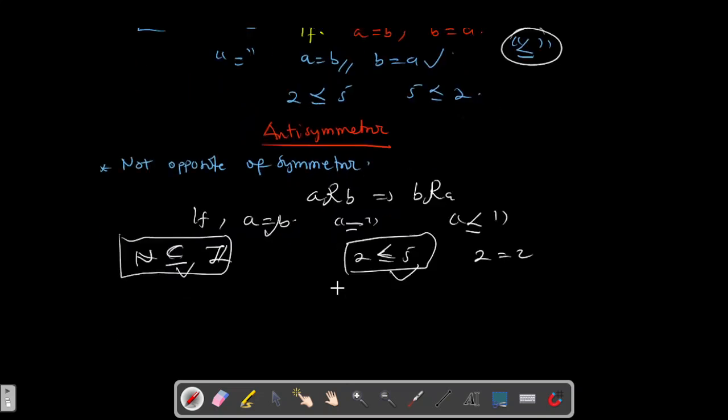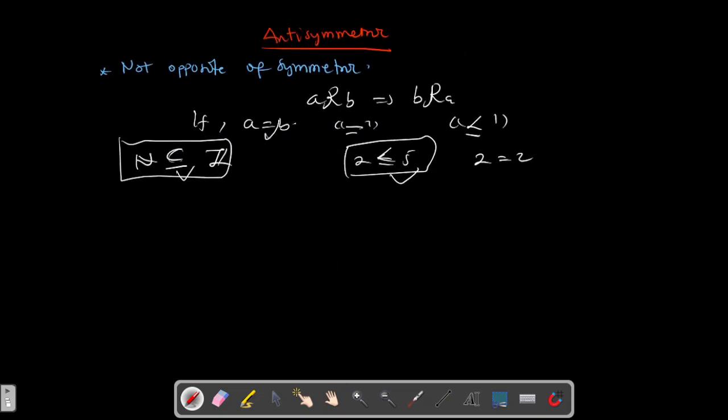Now, the last property is what we call transitive. Transitive is so simple and direct. So if you have transitive, here I have to introduce a third one. I will say that A, B, C, which are members of the set A, with the order relation R on this set.